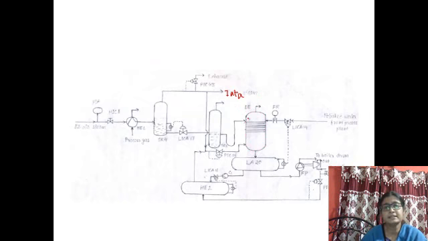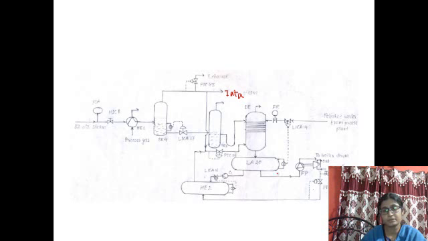Deaeration means deoxygenation of water. For the boiler drum, the water used must be deoxygenated, because if oxygen is present in the boiler feed water, then what will happen? Due to high temperature, corrosion may occur within the material.